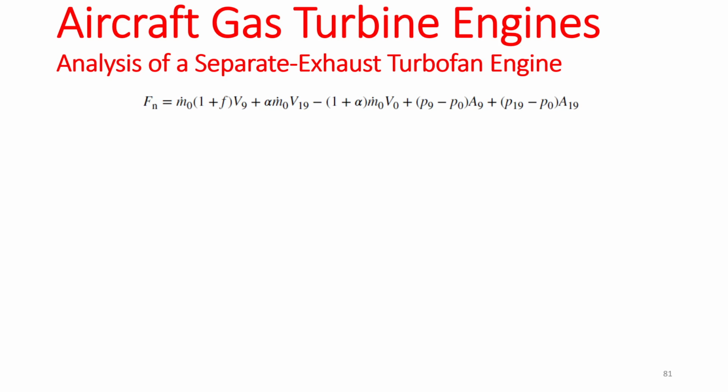The velocity contribution is going to be your exhaust contribution, your alpha m dot naught, which is your fan or bypass mass flow rate, multiplied by V19. This should be V19.